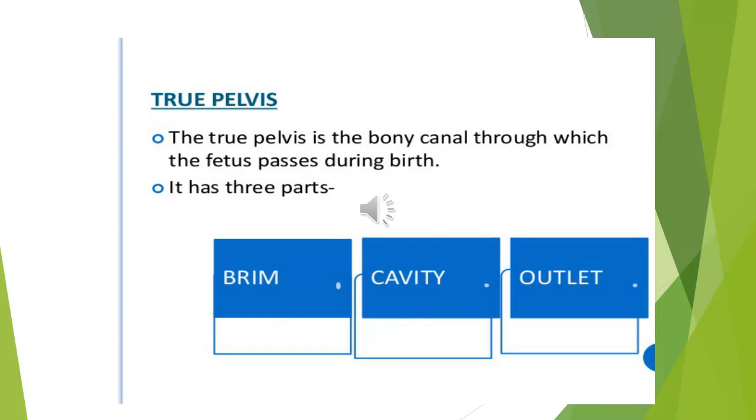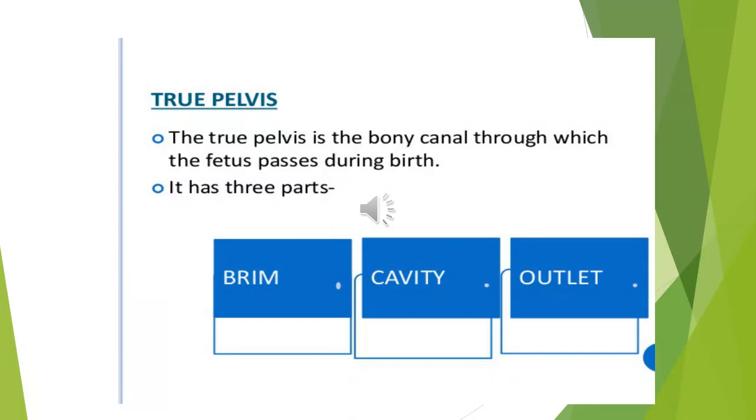The true pelvis is the bony canal through which the fetus passes during birth, and its bony walls are formed anteriorly by the pubic symphysis and the bodies of the pubic bones, so the pelvic surface of the body of the pubic bone, then posteriorly by the pelvic surface of the sacrum and coccyx, and on each side by the two rami of the pubis. Then again the pelvic surface of the ischium with its ramus and the lower part of the ilium.